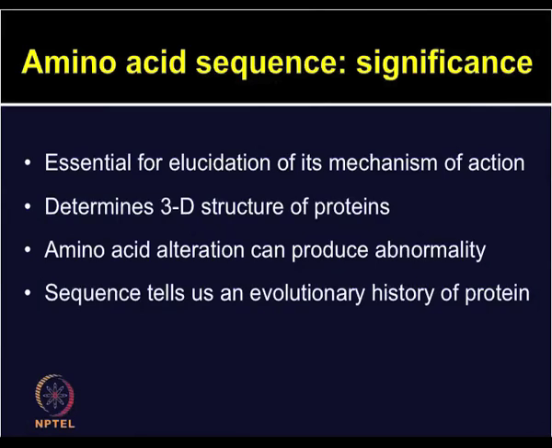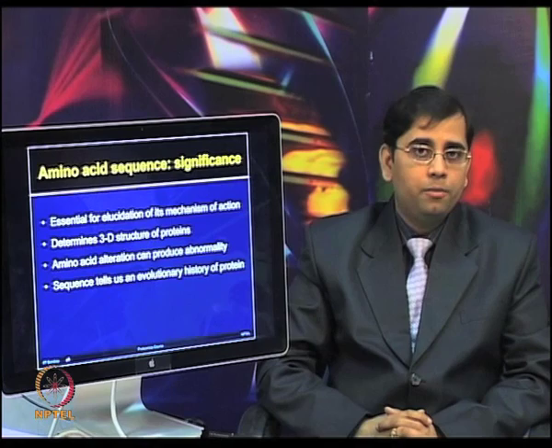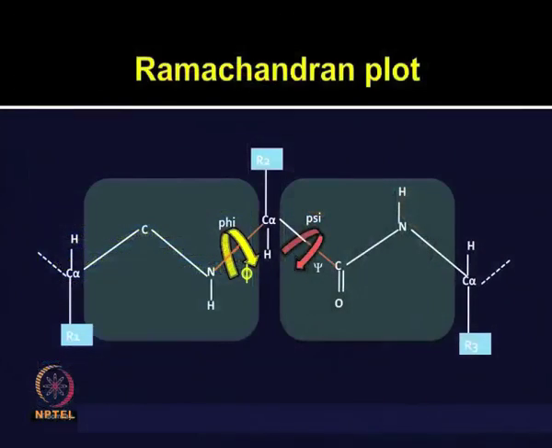Amino acid alterations can produce various types of disease abnormality. For example, in cystic fibrosis, a change in only one amino acid can give rise to the abnormality. These amino acid sequences can also tell us various evolutionary aspects of the protein. So, various types of information can be obtained from the amino acid sequence.